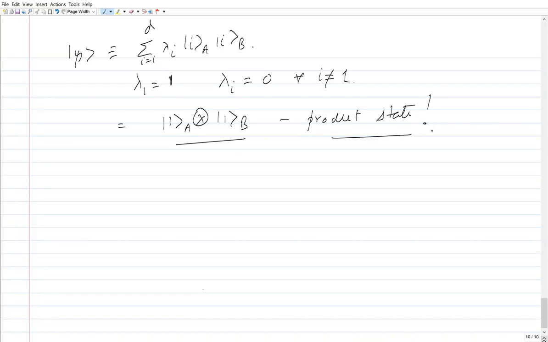So a state is a product state, or not an entangled state, when the Schmidt coefficients, the lambda_i's, have only one non-zero Schmidt coefficient.